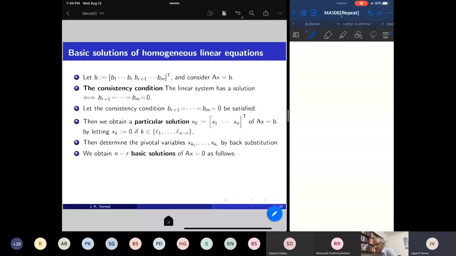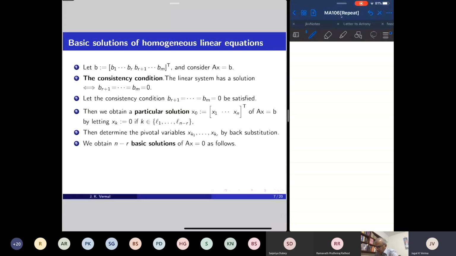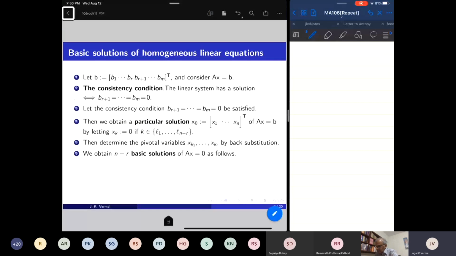Okay. So we obtain these n minus r basic solutions of Ax = 0 as follows. We have found a particular solution, and now to find all solutions, we have to look at the solutions of the homogeneous equation.